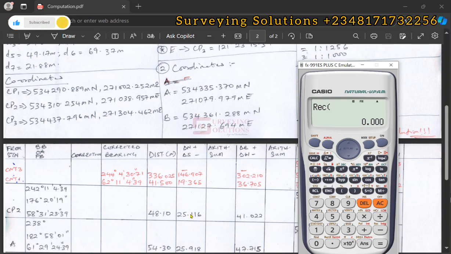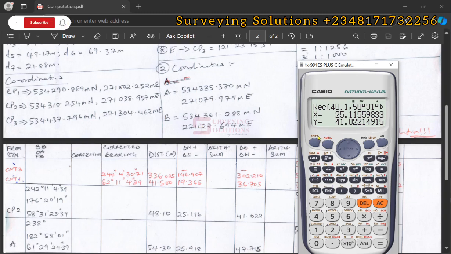For the first line, we have 48.1, comma, a bearing of 58 degrees, 31 minutes, 23.39 seconds, right? Good. So we have the delta northings and delta eastings displayed.